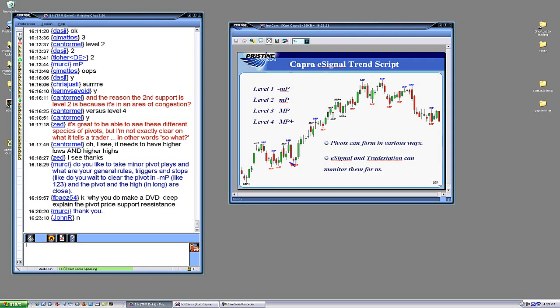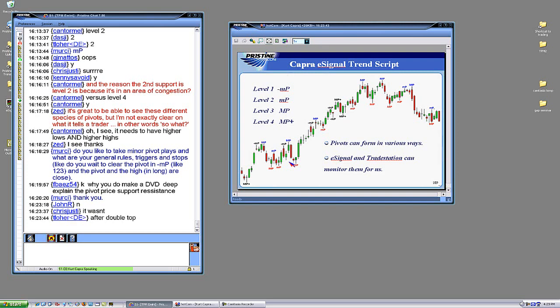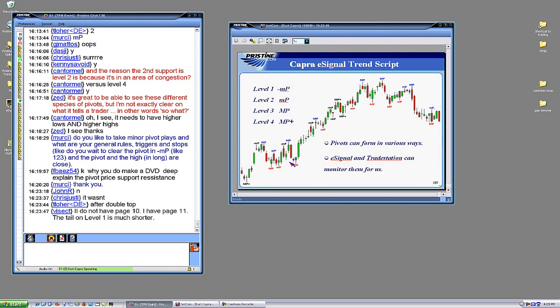And remember, major support is defined by level 2 or better. Of course it was. 2 no's. Any yeses?